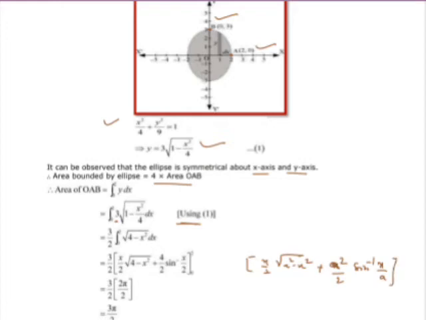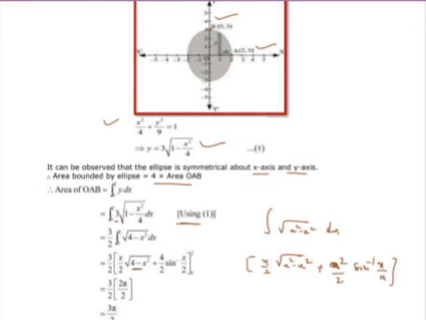So it is nothing but the standard form of integration of a square minus x square dx. The standard form you already know well, you have studied in your first PUC. So let's see, 3 by 2 as it is, x by 2 under root of 4 minus x square plus 4 by 2. The value of a square is 2 square, which means 4, 4 by 2 plus sine inverse x by a, where the value of a is 2.